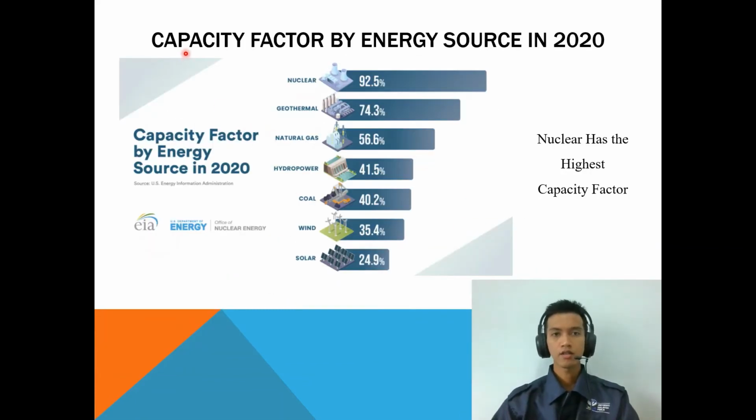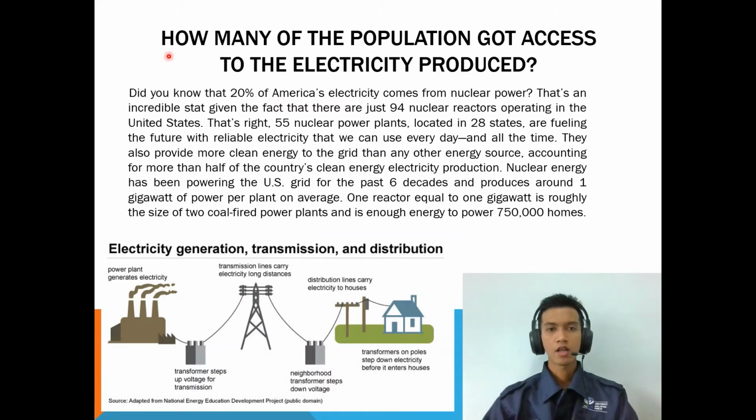Okay, this is the capacity factor by energy source in 2020. As we can see here, nuclear is the highest at 92.5% compared to other energy sources: geothermal, natural gas, hydropower, coal, wind, and also solar. Okay, how many of the population get access to the electricity produced?